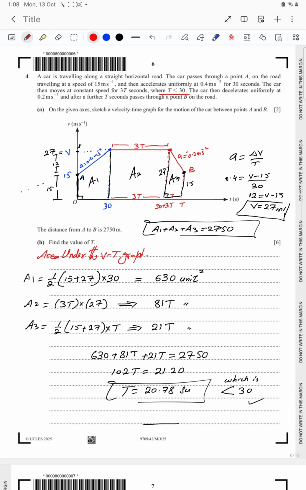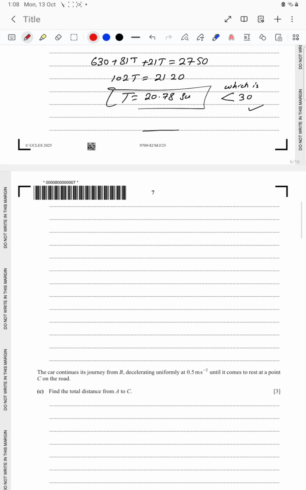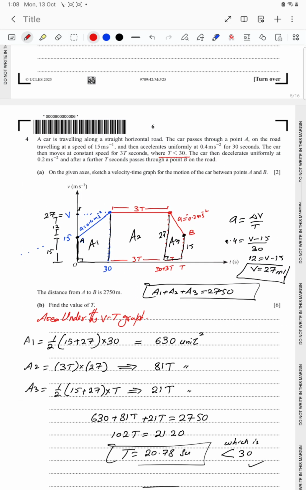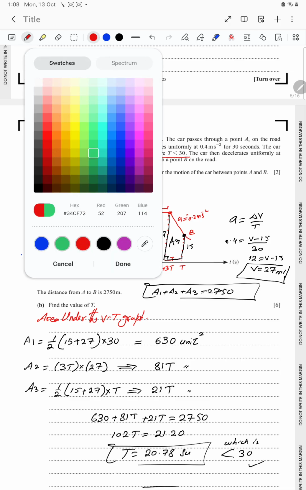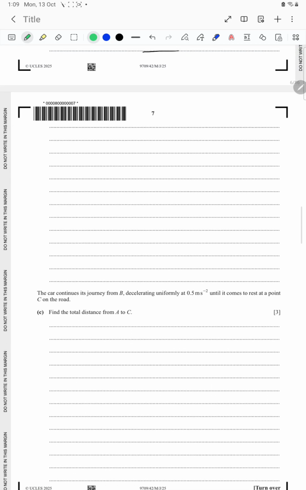It means it will come down with a deceleration of minus 0.5 meter per second squared and reach point C. It is given that it continues until it comes to rest at point C on the road.